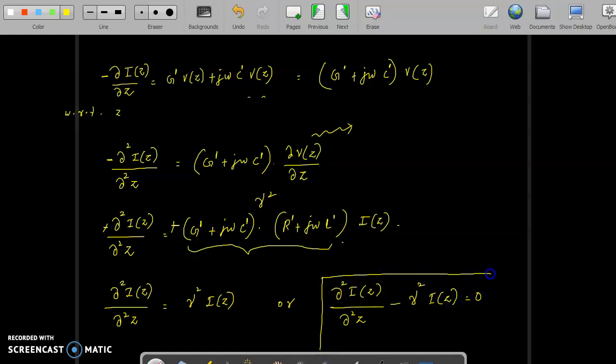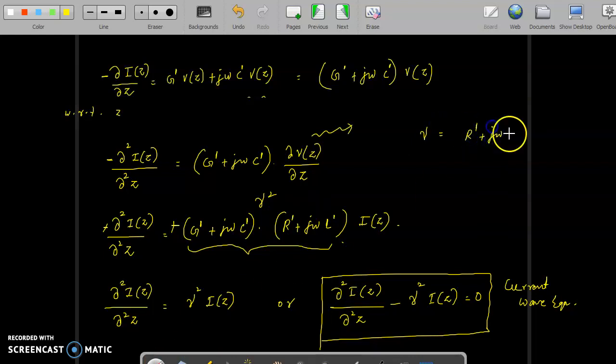This is the transmission line current wave equation, where the constant gamma is the propagation constant. Gamma square is this one, so gamma is the square root of r dash plus j omega L dash, the series impedance, multiplied with the shunt admittance g dash plus j omega c dash.